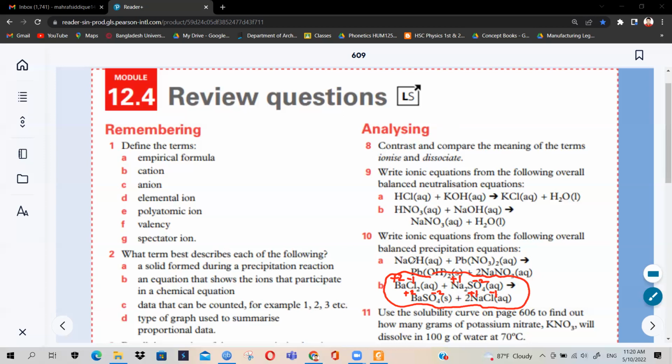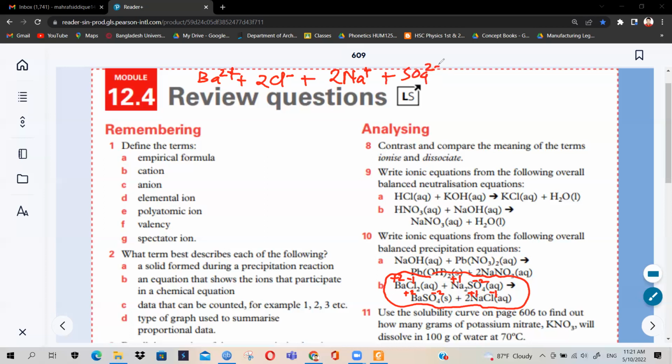From the left side, it is Ba2+ plus Cl-, multiplied by 2 because there are two chloride ions. Then Na+, but how many sodium ions are there? 2. So 2Na+ and SO4 2-.